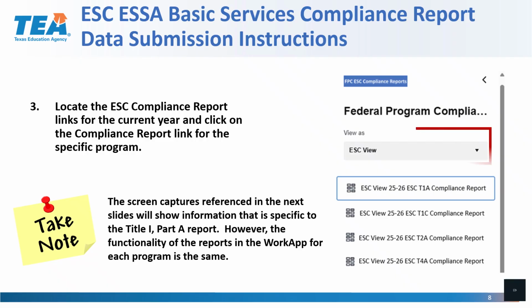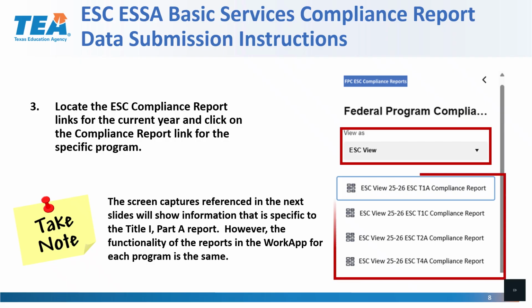Under ESC View, you will now need to locate the ESC Compliance Report links available for the current year in the menu bar that will be located towards the bottom of the screen. There will be a link for each of the reports. A Title IV Part A ESC Compliance Report.